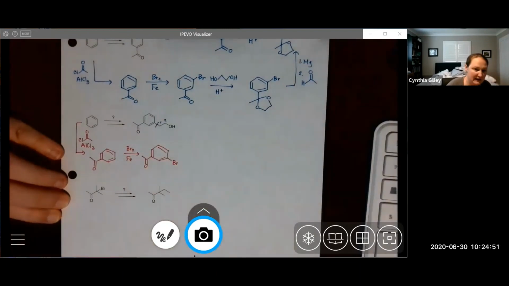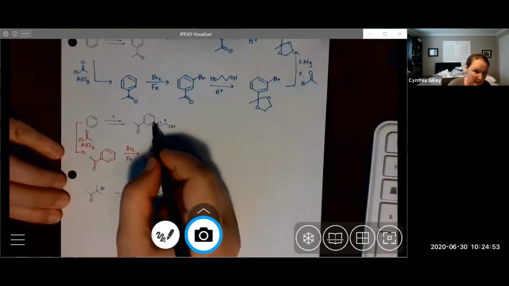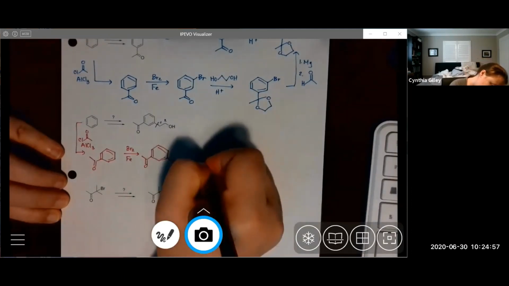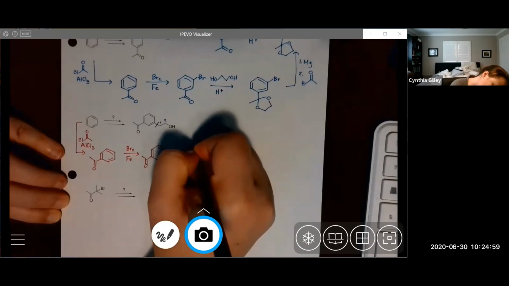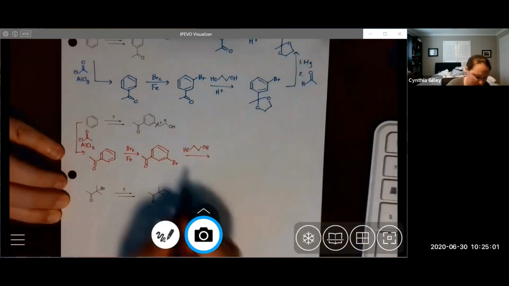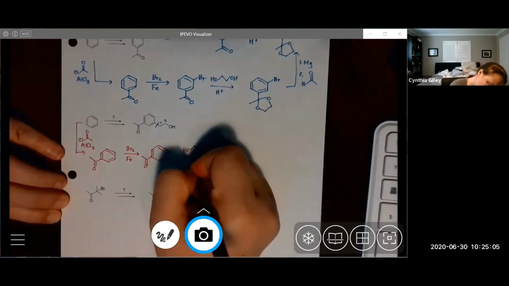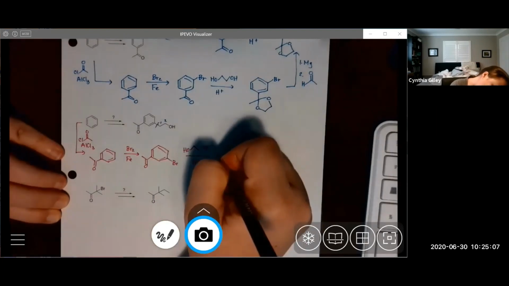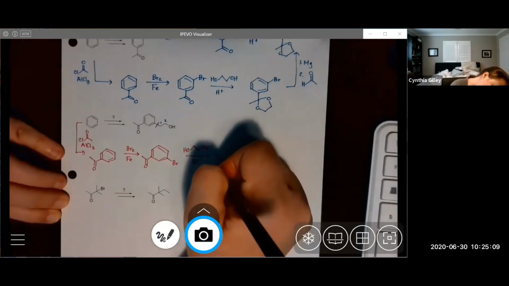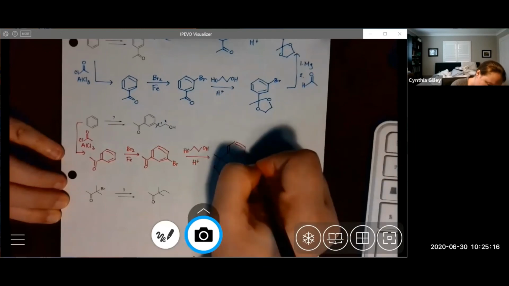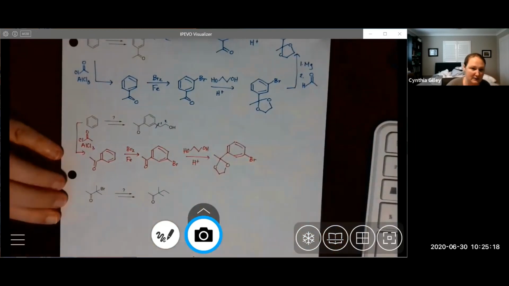We would like to make this new carbon-carbon bond for a Grignard reaction, but first we need to protect the ketone. Otherwise, the Grignard could attack the ketone of a different molecule.